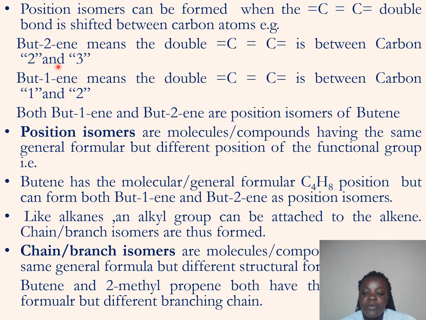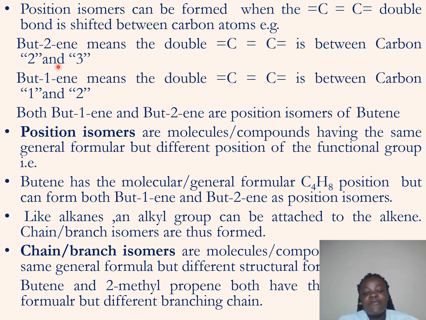That one will be but-3-ene. So but-2-ene and but-3-ene, these are positional isomers. So we can define position isomers as those compounds having the same general formula but different position of the functional group. So as long as the carbon double bond is shifting or is moving, that one is what we call the position isomers.